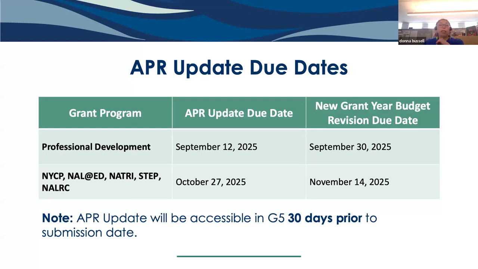And NYCP, NALET Ed, NATRI STEP, and NALRC, your APR update will be due October 27th. And your budget revision, if it's needed, will be due November 14th. So your APR update will be accessible in G5 30 days prior to your submission date.